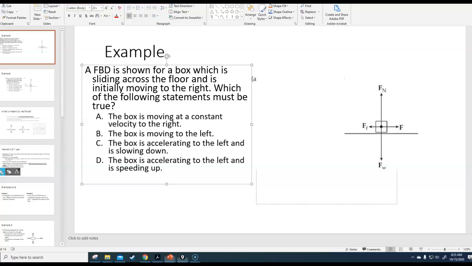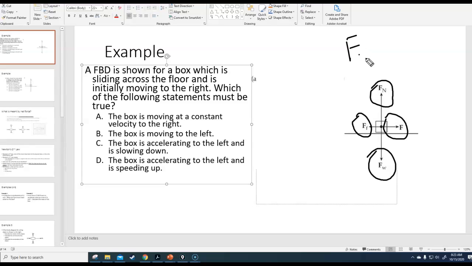All that means is, if you think in terms of the net force, when we add up the normal force and the weight, the force of gravity, those two are going to cancel out, because we're basically adding two forces that are the same size in opposite directions. But F is bigger than the force of friction, and so the net force, I would say F net.